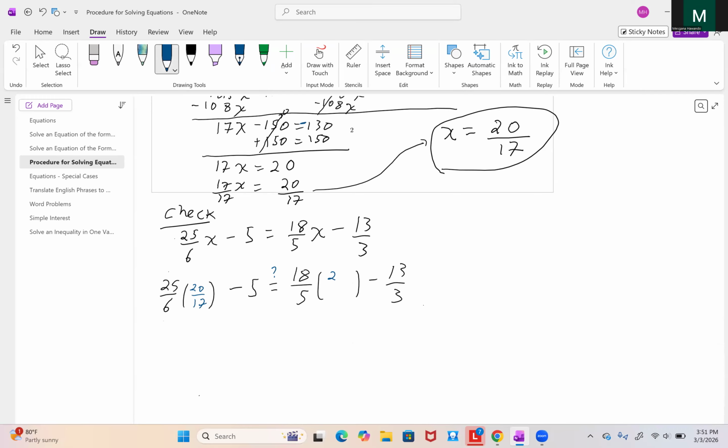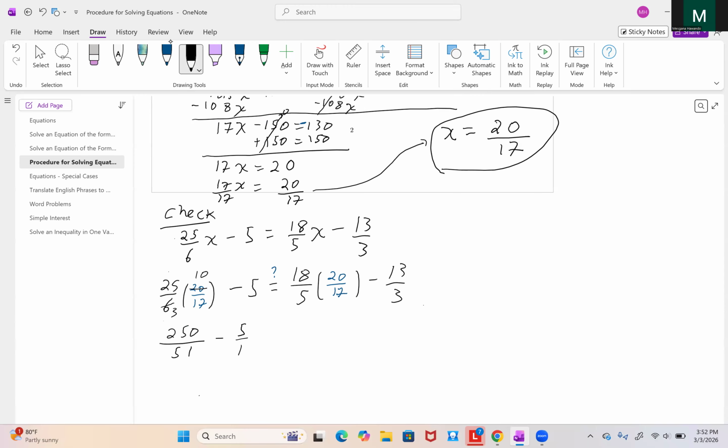Question mark. Okay, so now we multiply. The 6 and the 20 have a common factor, which is 2. So by 2, 10, by 2, 3. 25 times 10 is 250. 17 times 3 is 51. So, okay, minus 5 over 1.